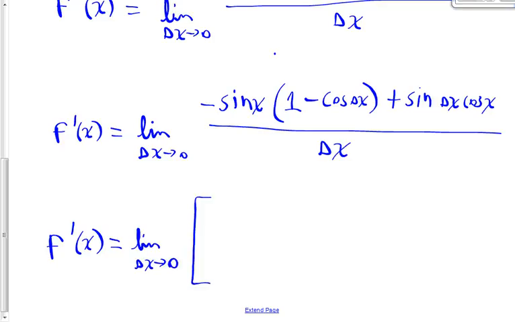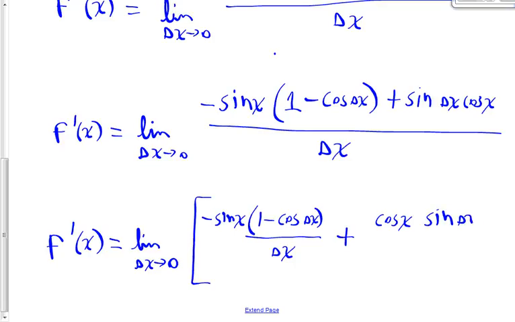So I'm going to keep this negative sine x times 1 minus cosine delta x all over delta x. And then I'm going to have plus cosine x times the sine of delta x, all divided by delta x. All right, so I've split it up. This term, I divide by delta x to get this. This term, I divide by delta x to get this.